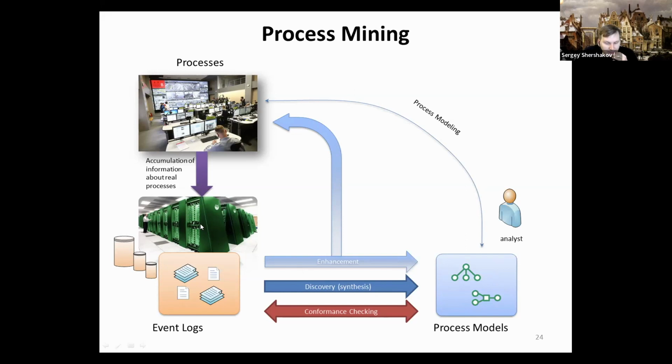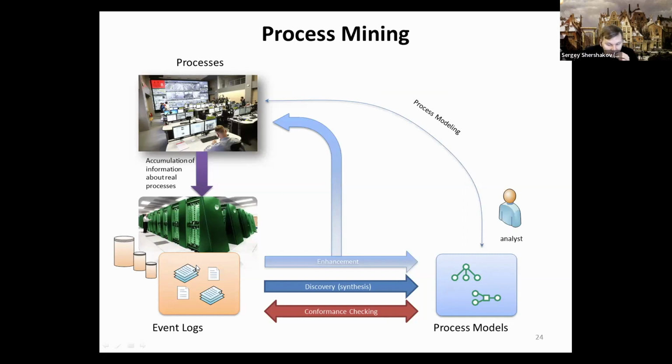And in the course of the work of this system, there is room for some deviations from the initial model. Such deviations may appear, and they can relate to, say, the human factor. Now such deviations will be recorded in the event logs.